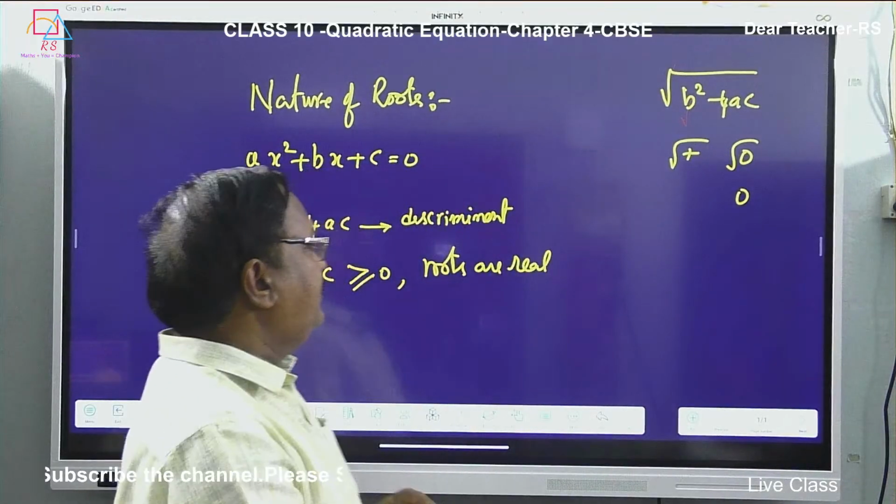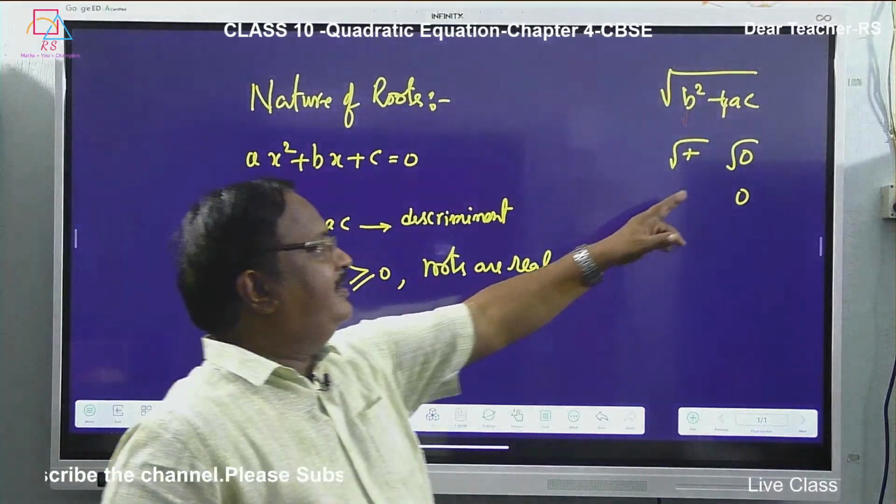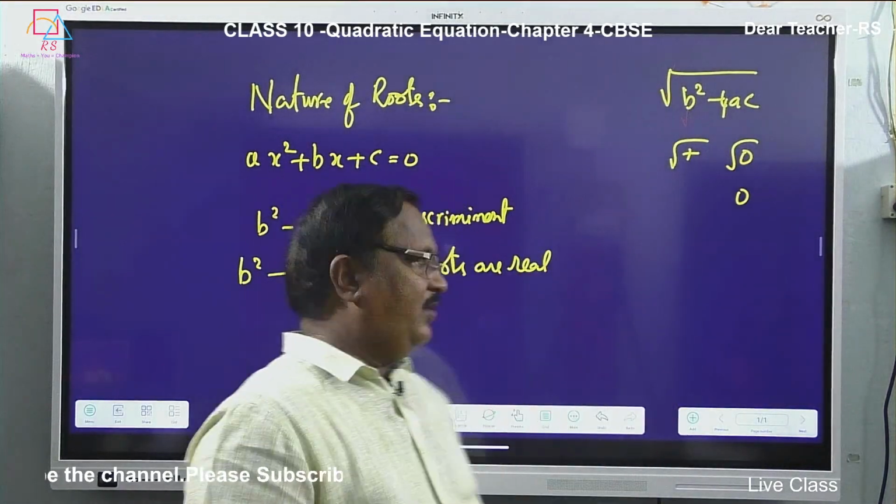Yeah, so roots are real if b square minus 4ac is greater than or equal to 0.